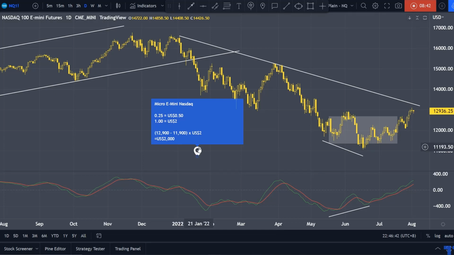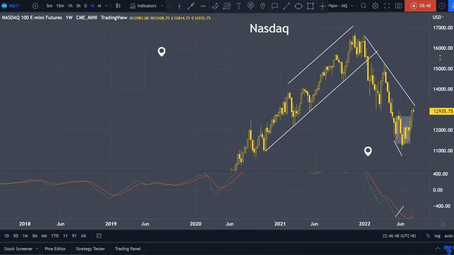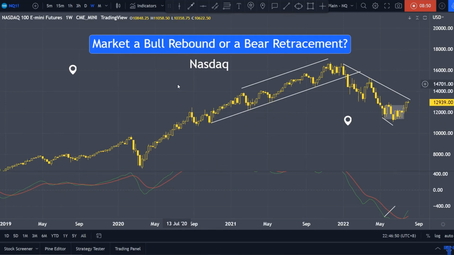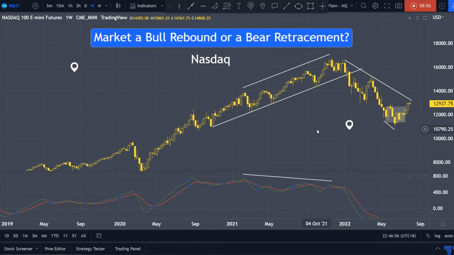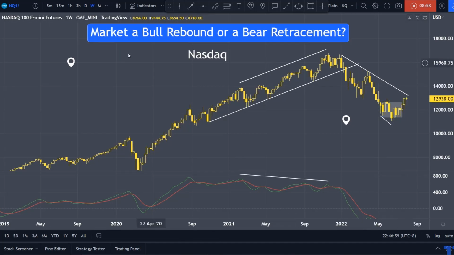Now let's have a conclusion of what the whole topic is about. The topic we are having here is, is this recent rally that we are seeing right now, let me just do some adjustment here, is it a bull rebound? A bull rebound means that it's rebounding and heading towards breaking this high.